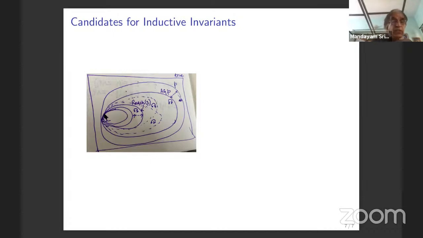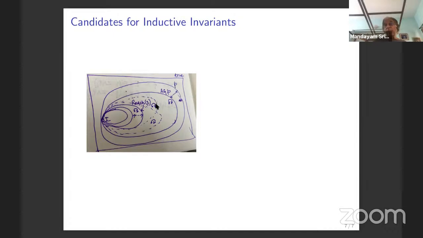For example, the ones that I've shown here in dotted concentric circles, two dotted concentric circles, both of which contain the initial state, both of which are inductive because they are closures. That is, every successor state of every state in them folds back into them, and they are contained in the property that you want to verify.